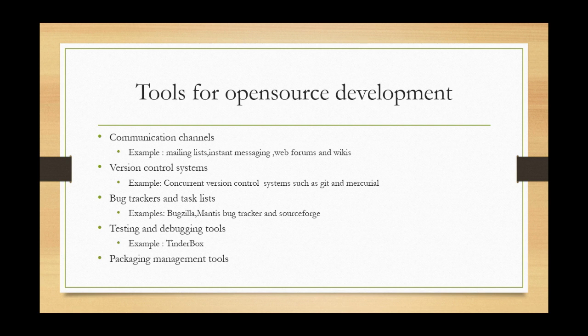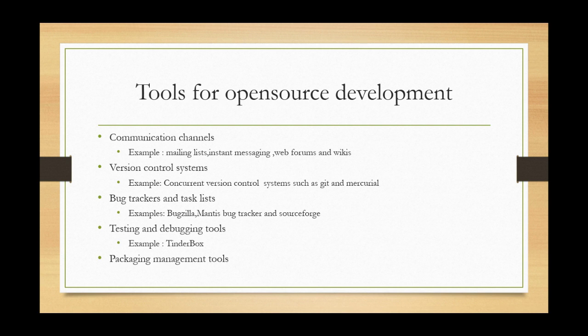They are centralized. So now we have distributed revision control systems. Examples of such systems are Git, which is used by the Linux kernel, and Mercurial, which is used by the Python project. That is another tool for open source development.